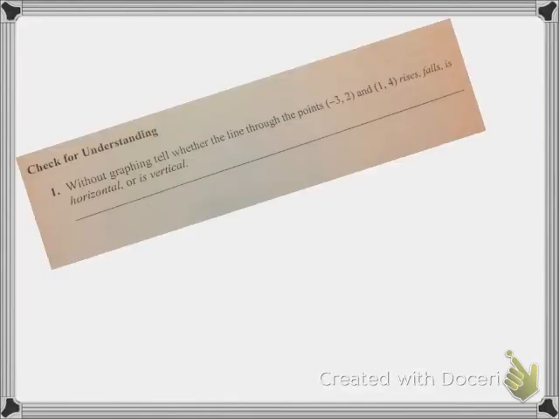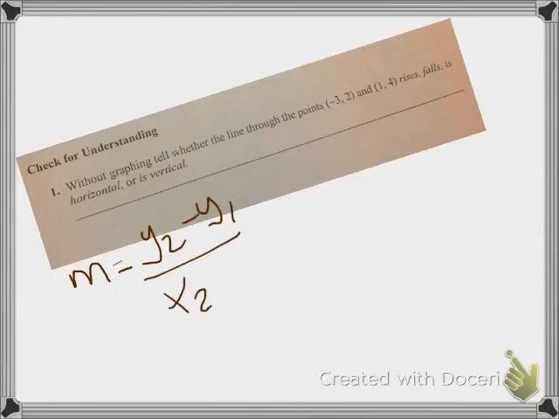So let's go ahead and check for understanding. Without graphing it, tell whether the line of these 2 points rises, falls, is horizontal, or is vertical. Take about 15 seconds, set it up, make sure you use the formula. So you should be working on it.